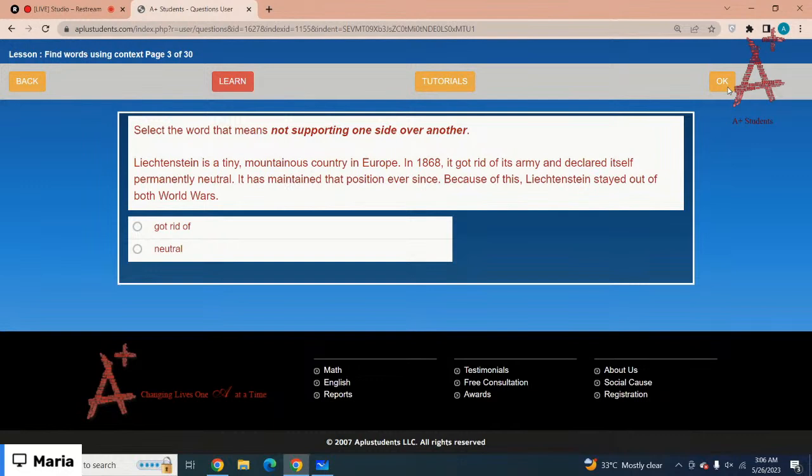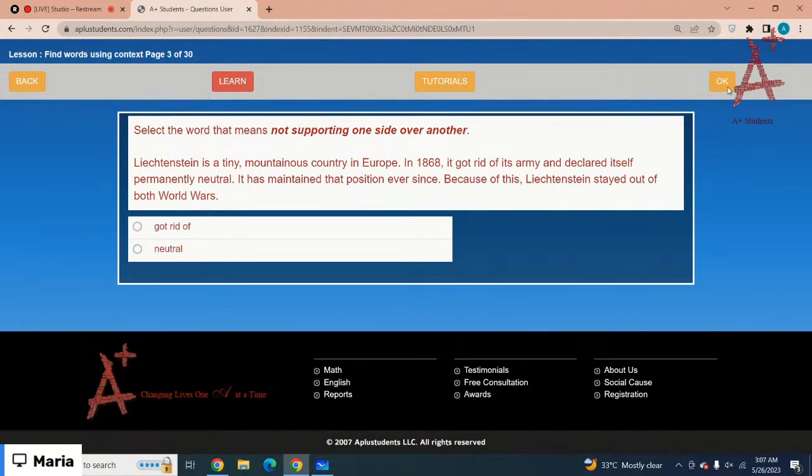Liechtenstein is a tiny mountainous country in Europe. In 1868, okay, sorry, I forgot to read the question. Select the word that means not supporting one side over another. You have to select the word that has the meaning not supporting one side over another. Liechtenstein is a tiny mountainous country in Europe.